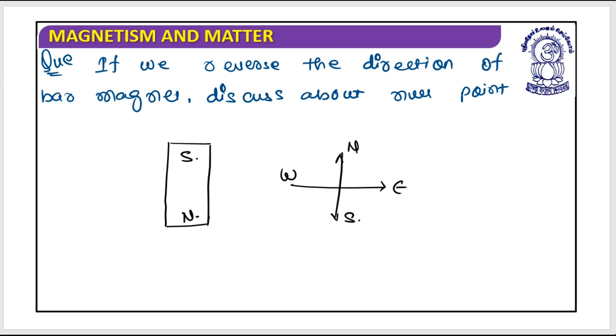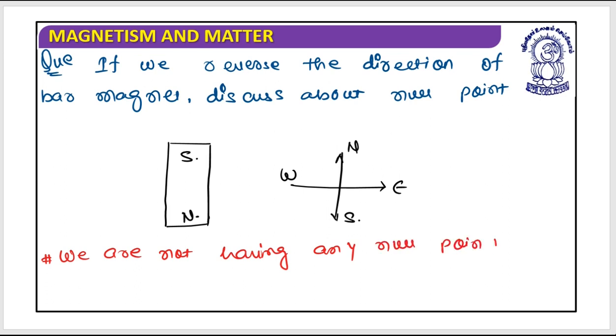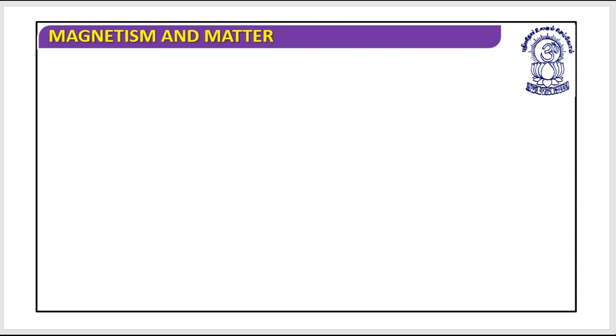Now in this situation we are not having any null points on equatorial positions. But the situation would be something like this. This is south, this is north, north, east, west, south.